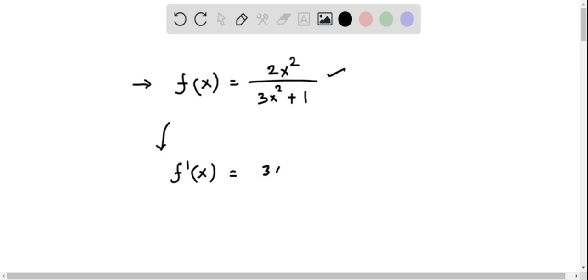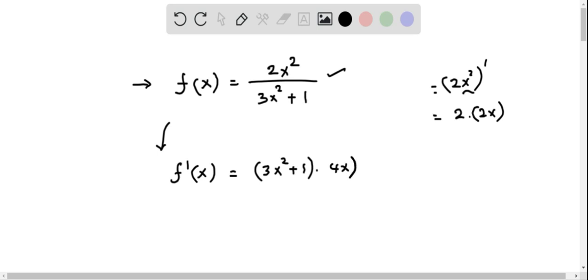So I put this denominator expression first and then multiply this with the derivative of the numerator expression, that is the derivative of 2x squared, and this equals, we put this 2, the derivative of x squared is 2x using the power rule, so it is 4x. Now according to the quotient rule we put minus.